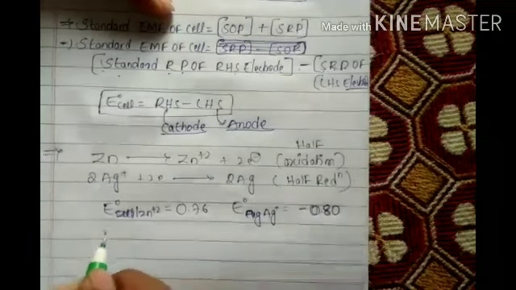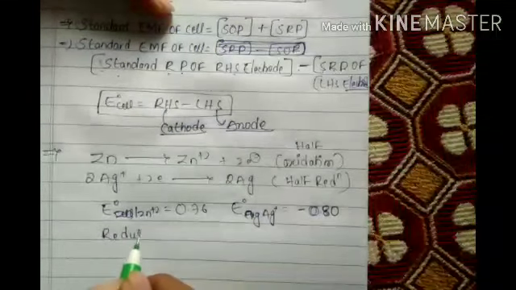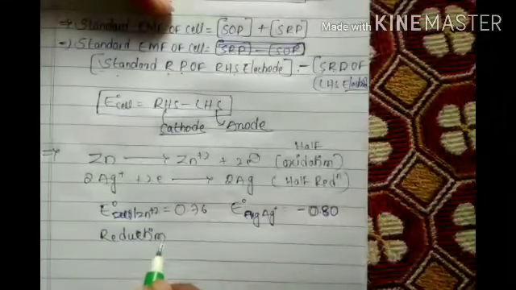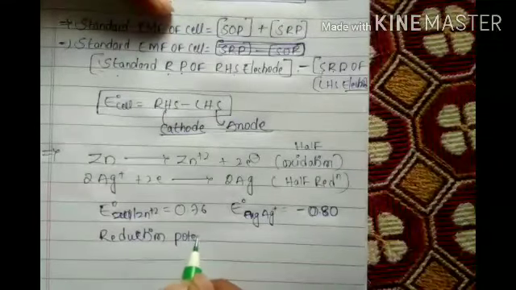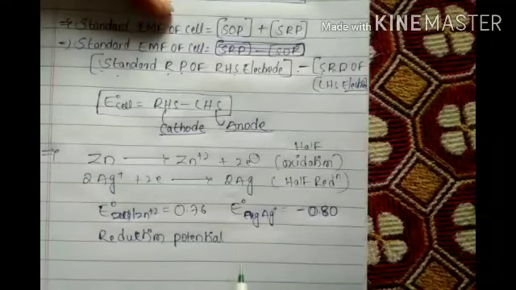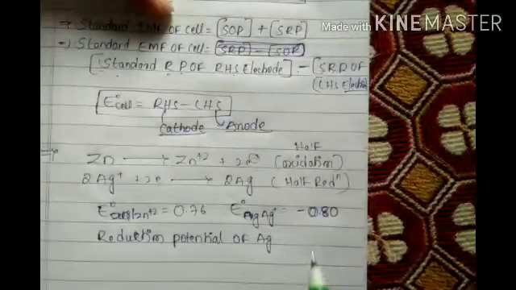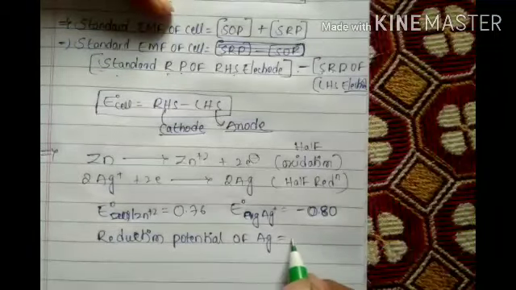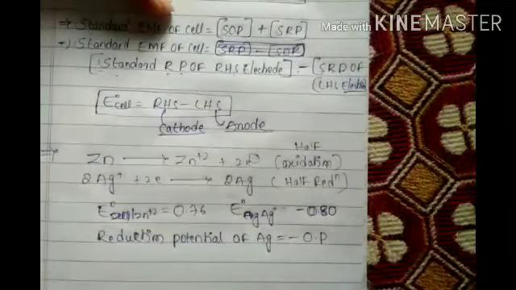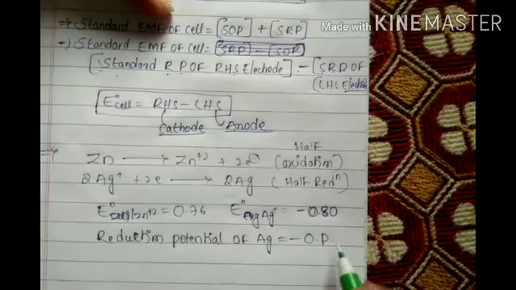The reduction potential of Ag is minus oxidation potential of Ag, that we know, right?